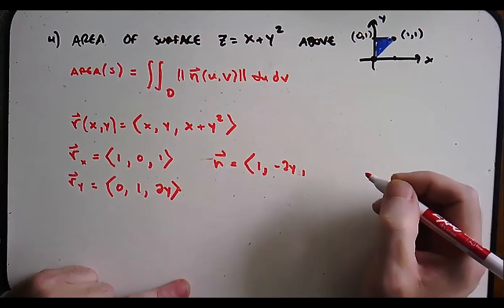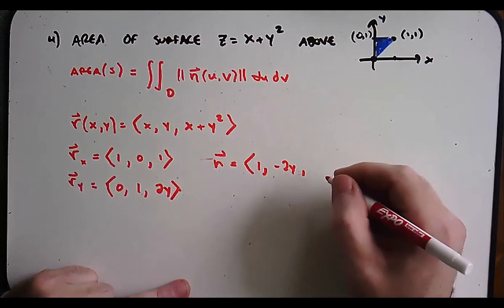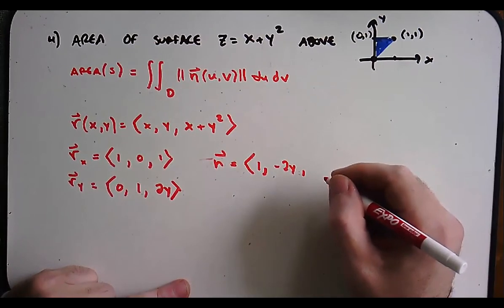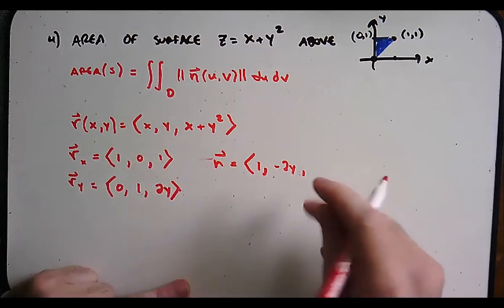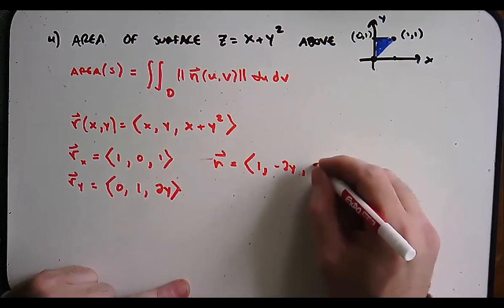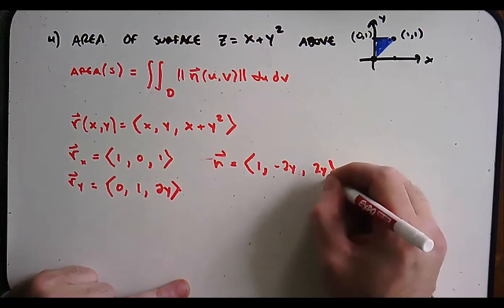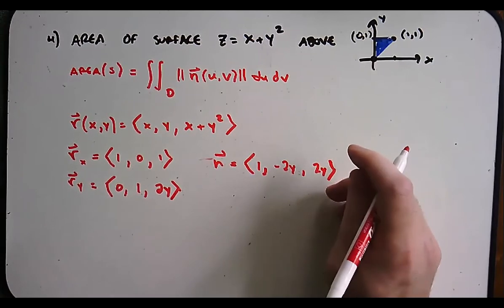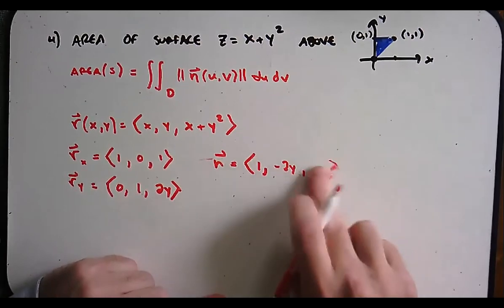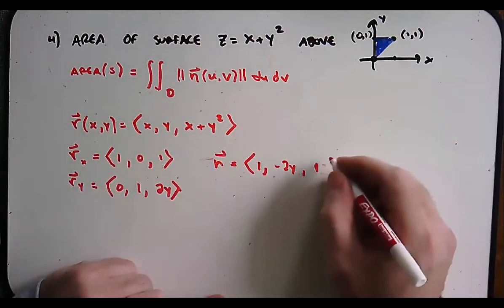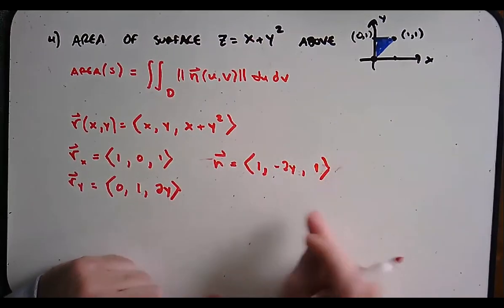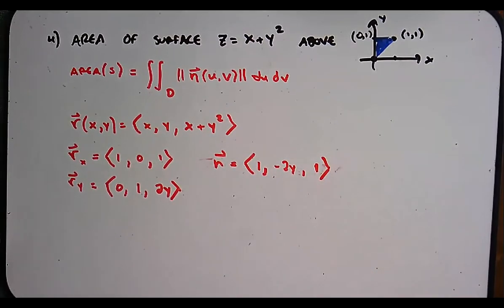And then our z component will be, let's see, 2y minus 0, so 2y, I think. Let me check that. Oh no, sorry. Our z component will just be 1. There we go. It's 1 minus 0. Okay. So here's our normal vector, 1, negative 2y, 1.